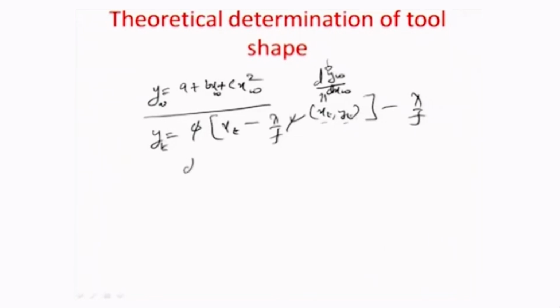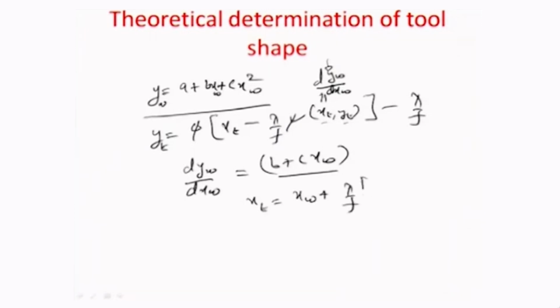We already know that dyw by dxw is equal to b plus cxw, and we are aware that xt is equal to xw plus lambda by f times dyw by dxw, which means it is equal to xw plus lambda by f times b plus cxw.